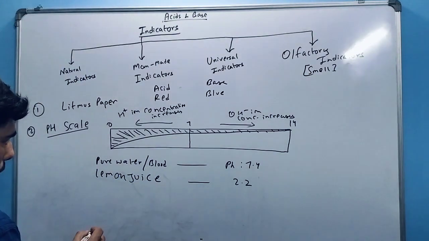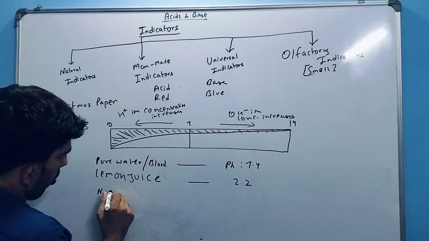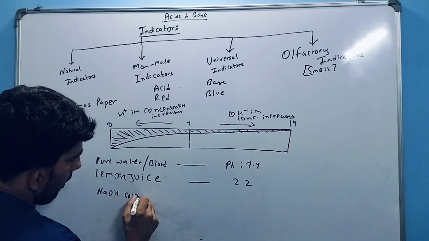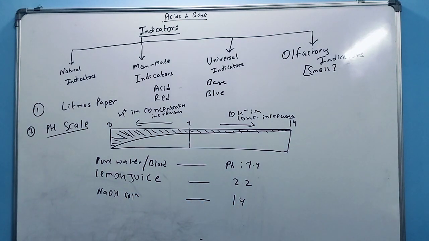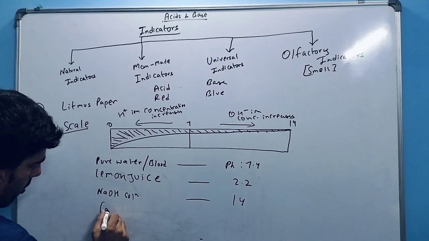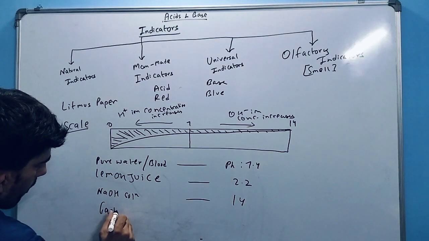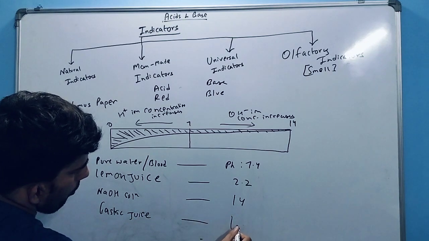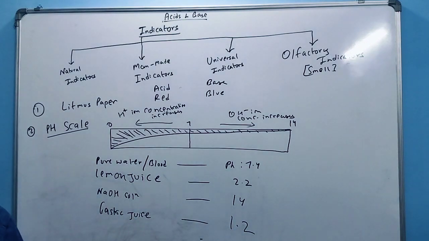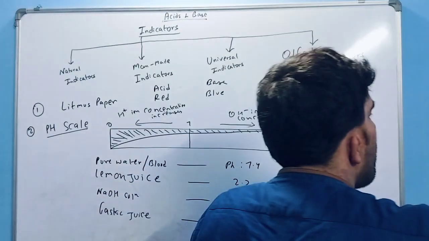If I take NaOH solution, a strong base, its pH will be 14. If I take gastric juice, its pH will be 1.2. Similarly, we can see one more, that is milk of magnesia.